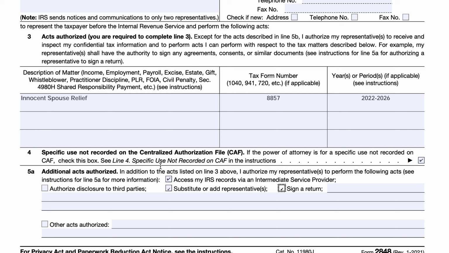You can authorize those. You can also authorize other acts that may not have been designated. Again, for one of those other items that you decided to authorize, you would write that out here.